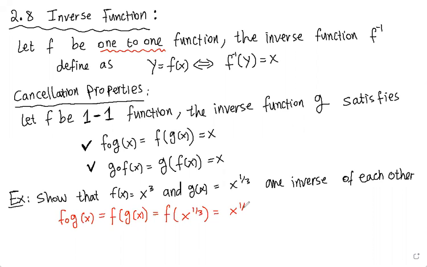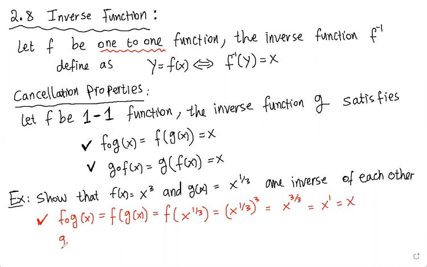Just x. Why? Because x to the 1 over 3, everything to the 3, is the same as x to the 3 over 3. Here the power 1 over 3 is multiplied by 3, giving me x to the 1, and this is equal to x. So the first one is satisfied.